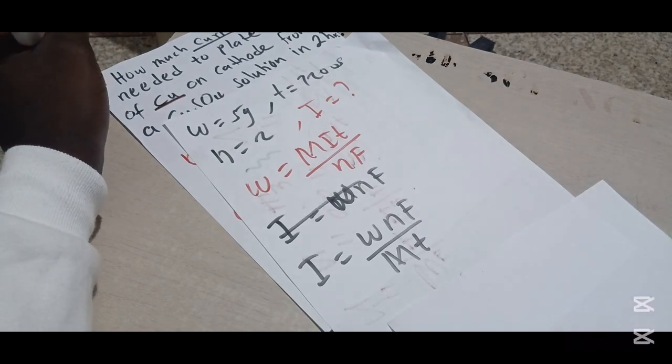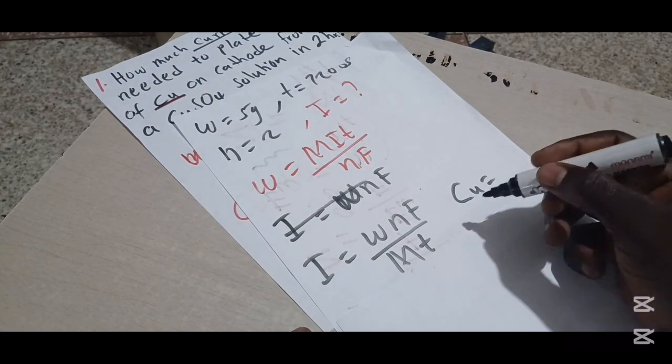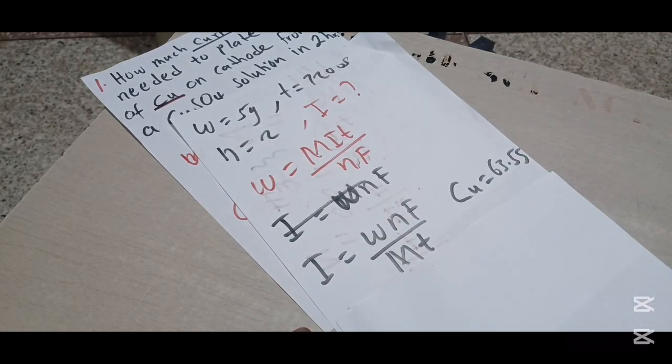So let's start solving. Molar mass for copper is going to give us 63.55 gram per mole.